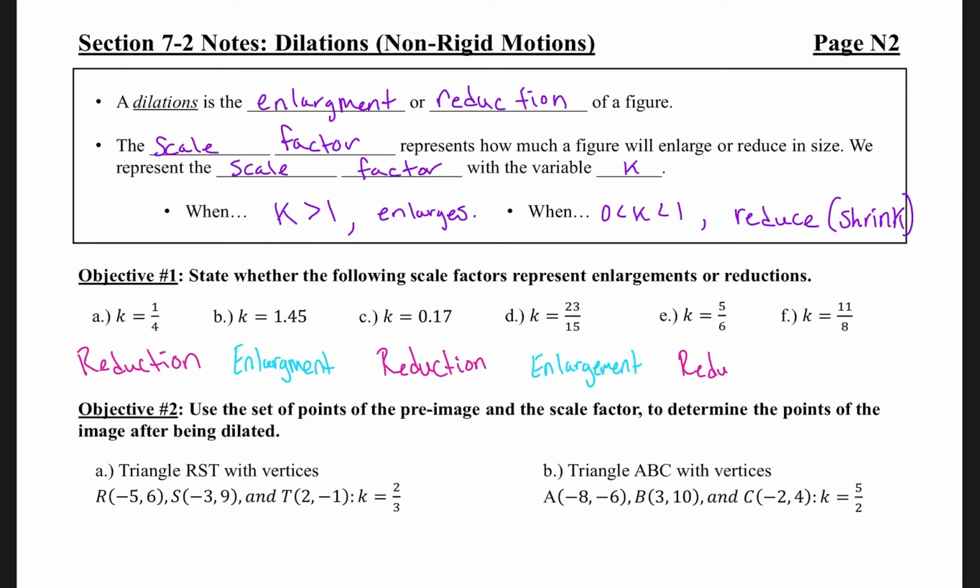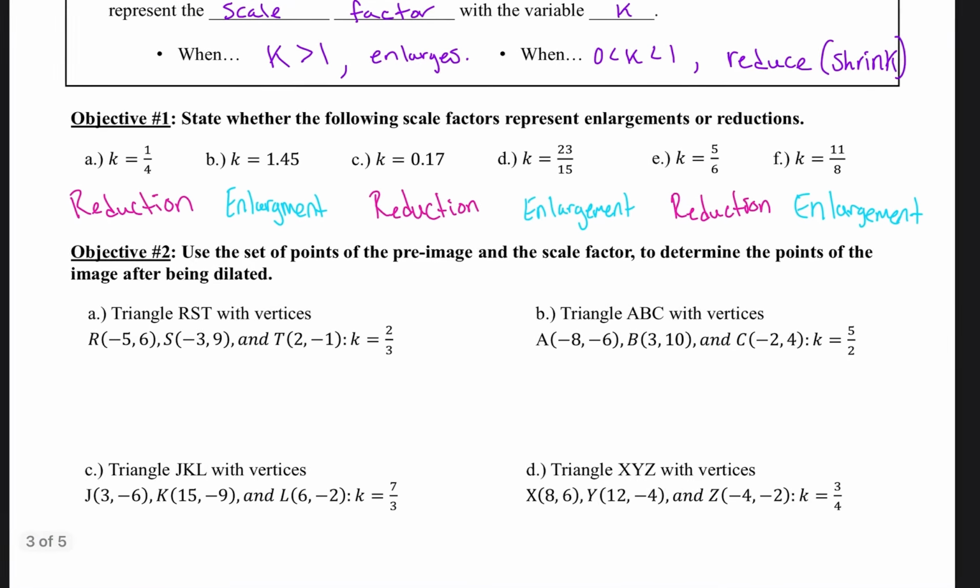So that's also a reduction because it's less than 1. And that last one, 11/8, is another one where the number on top is bigger, so another enlargement. So you can see this one ended up alternating: reduce, enlarge, reduce, enlarge, reduce, enlarge. Again, all you're worried about is if the number is less than 1 or the numerator is smaller than the denominator, it's a reduction. If the number is bigger than 1 or if the numerator is bigger than the denominator, it's going to represent an enlargement.